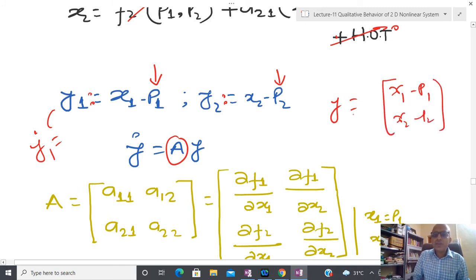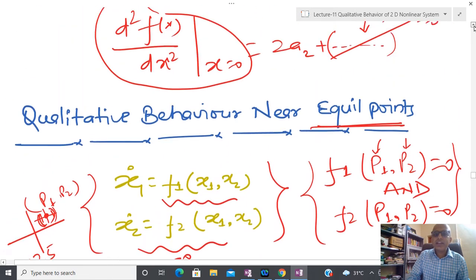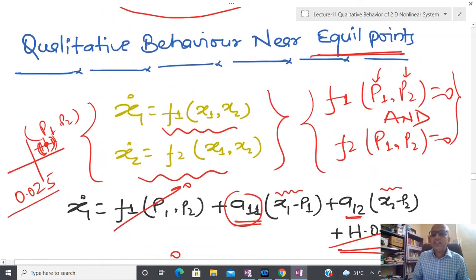Okay, and if you substitute here, you are able to see that the A matrix is nothing but a11, a12, a21 and a22. Now, in order to calculate a11, you can use the same idea. You can take the first derivative with respect to that variable. So partial f by partial x, suppose you have two variables, then you take the derivative with respect to x1, and for that reason I have written it like this.